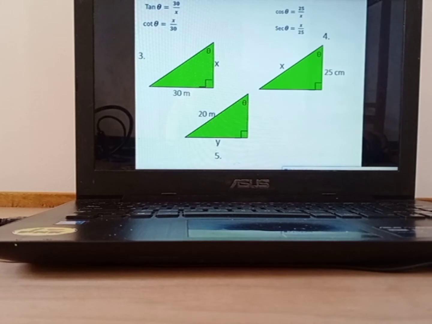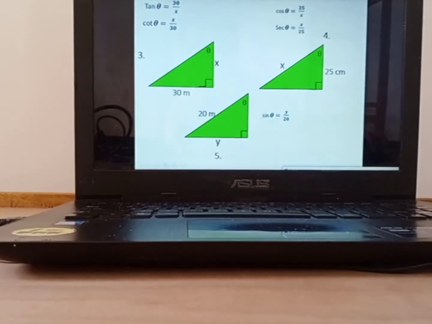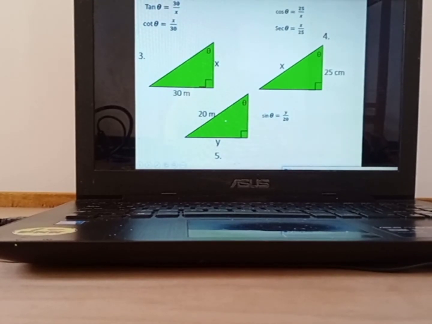So therefore we will apply the sine function. So sine function, class, is opposite over hypotenuse. So opposite is y and our hypotenuse is 20. Therefore, the value of our sine theta is equal to y over 20.